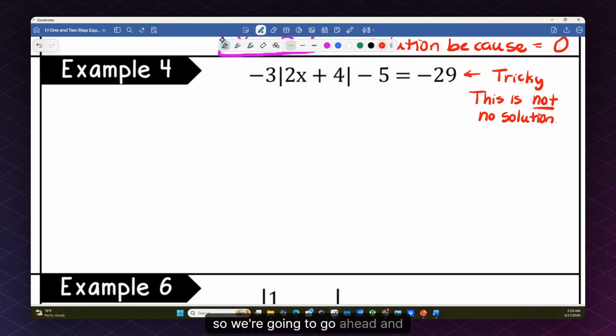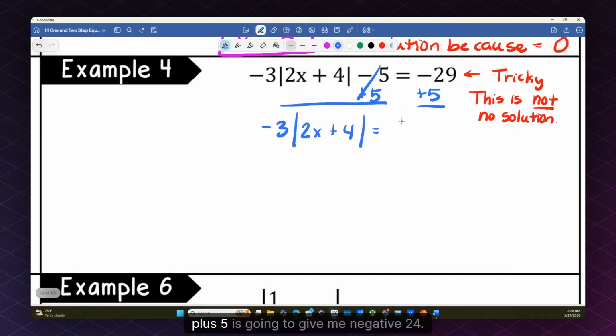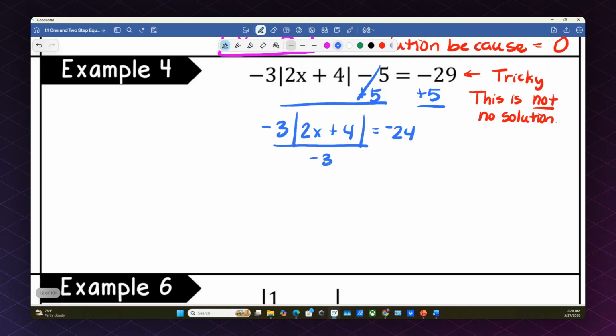Okay, so we're going to go ahead and isolate this absolute value. So we've got +5. We're going to add 5 to both sides. This cancels. We get -3 absolute value 2x plus 4 absolute value equals -29 plus 5, which is going to give me -24. We're going to divide by -3 and divide by -3.